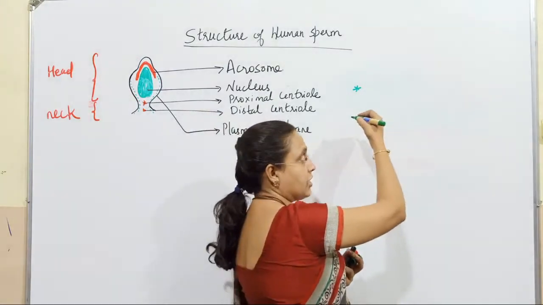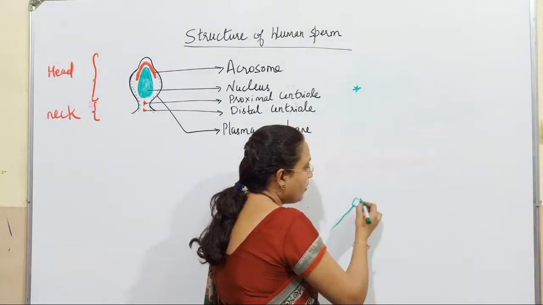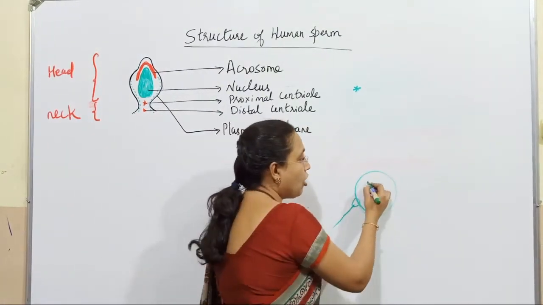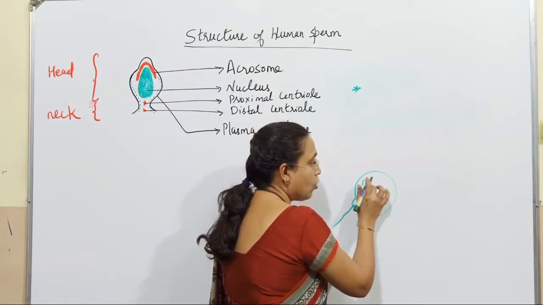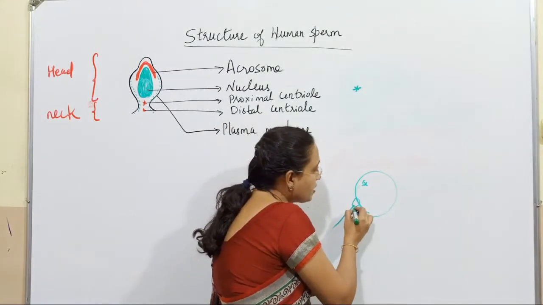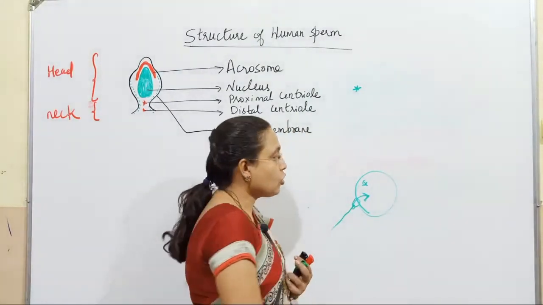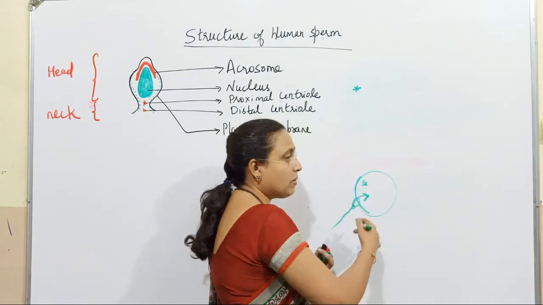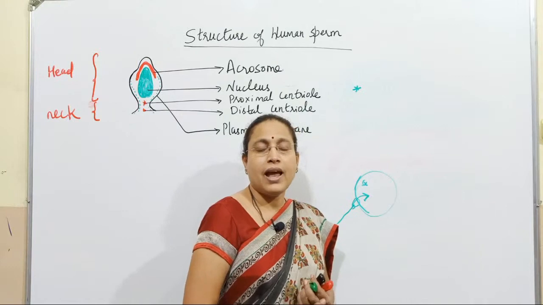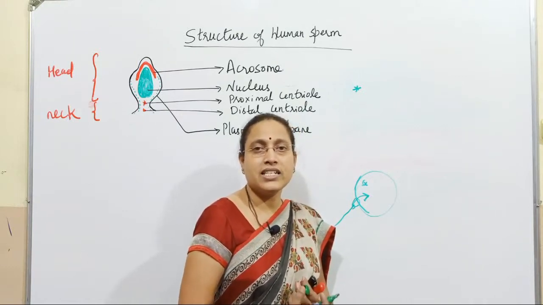So, proximal centriole, what is its role? Suppose when a sperm fertilizes an ovum, the ovum does not have centrioles. So the sperm itself should contribute its centriole to the ovum, so that after the zygote is formed, the same centriole will start producing spindle fibers, and once the spindle fibers are formed, that will help in cell division.